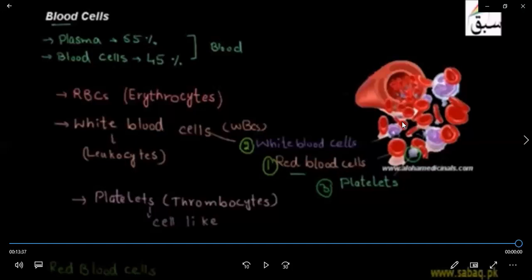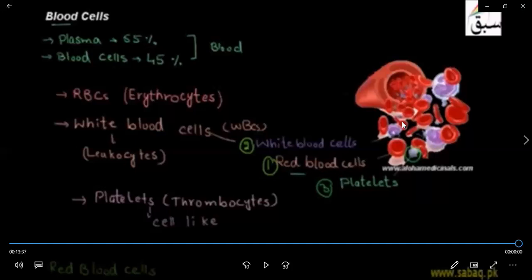How is RBC helping in transportation of oxygen? 95% of the whole cytoplasm of RBC is basically made up of a globular protein which has a heme group inside it. That heme group, hemoglobin basically, has the ability to join with oxygen molecules.